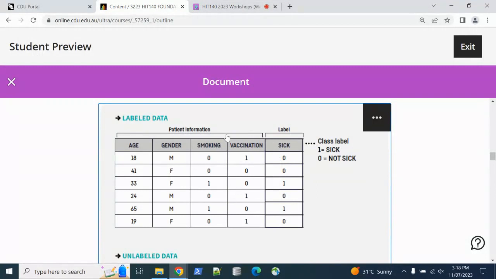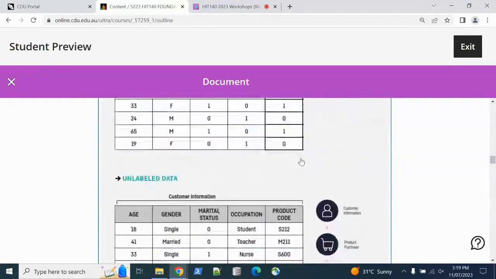You want to predict, based on gender, age, smoking and vaccination, whether the patient is sick or not. So we first need a data set that contains the correct answers. For the first patient, 0 means not sick. Second patient is not sick. Third patient is sick. Then the computer will try to learn how to link these different variables to the final outcome.